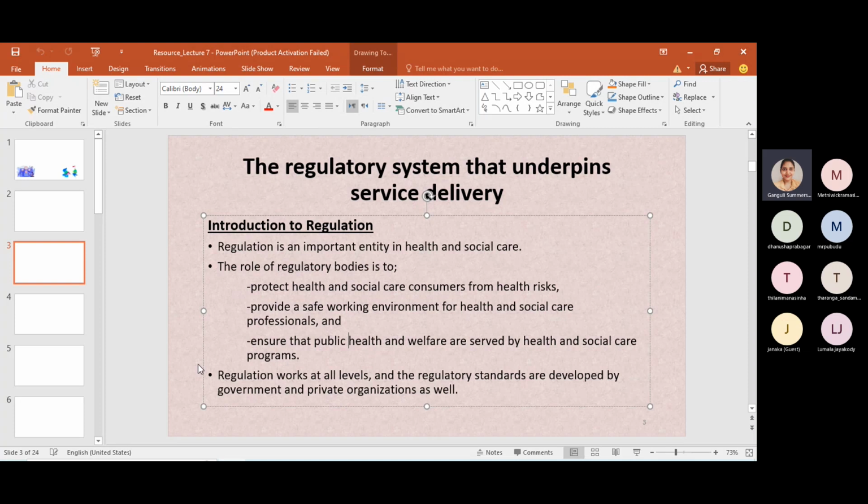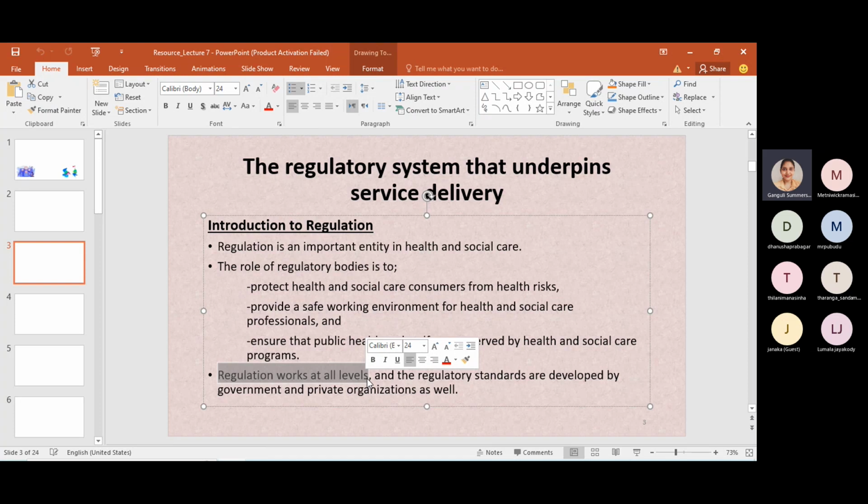Okay, regulation works at all levels. Regulation is not limited only to big companies. Even small companies and startup companies should undergo regulation.